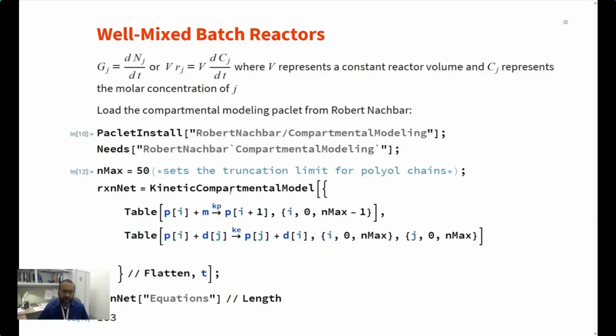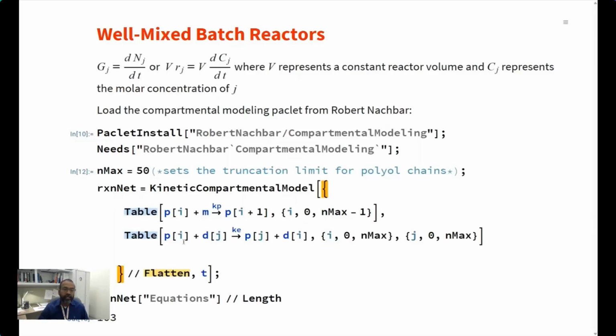This kinetic compartmental model function is very useful because it can accept symbolic reaction representations, such as the two shown here. Here, I've specified 2 reactions, the propagation and exchange reaction that I showed in a previous slide. In the propagation reaction, a chain P of I reacts with monomer and extends to P of I plus 1, and the table function is used to iterate over all values of I from 0, which represents the initiator, to the truncation limit.